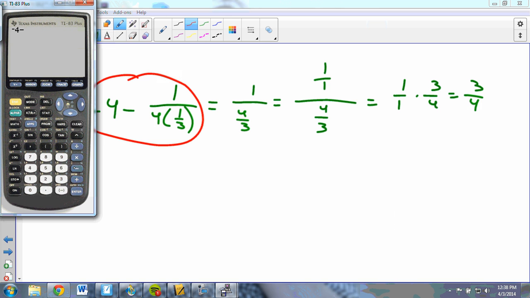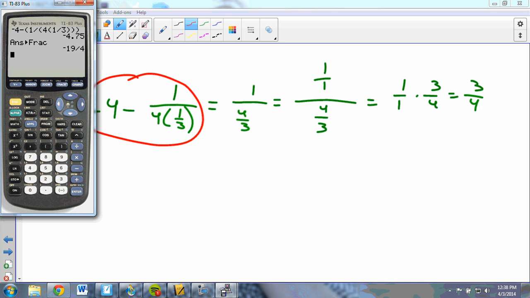-4 minus 1 divided by, and this will have to be in parentheses. You might want to do it in stages, not all at once like I just did. You could do 4 times a third, 1 divided by that, -4 minus that. But you can get it on your calculator.